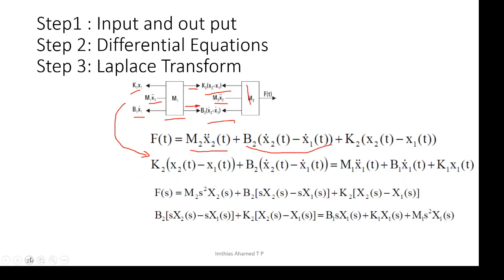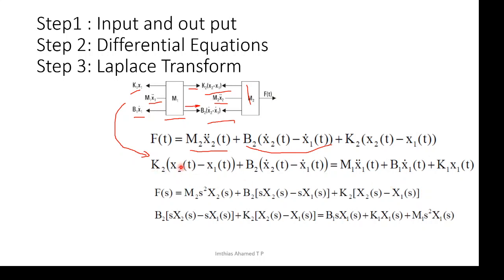So Laplace transform of f(t) will be F(s). Laplace transform of m2 x2 double dot will be m2 s square X2(s). Laplace transform of b2 into (x2 dot minus x1 dot) will be b2 into (s X2(s) minus s X1(s)). And Laplace transform of k2 into (x2 minus x1) will be k2 into (X2(s) minus X1(s)).